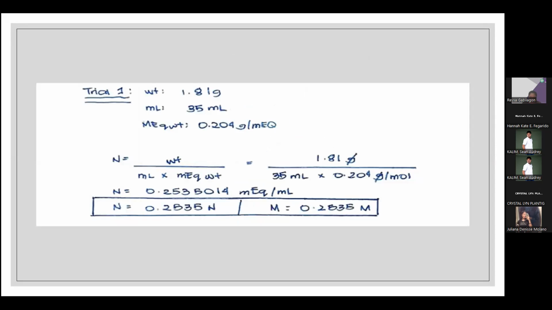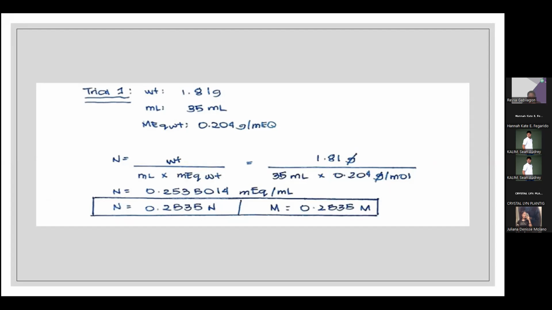For our trial one, we have the weight of 1.81 grams, a volume of 35 ml, and the MEQ weight of 0.204 grams per MEQ. So for our normality, weight over ml times MEQ weight is equal to 1.81 grams over 35 ml times 0.204 grams per MEQ.